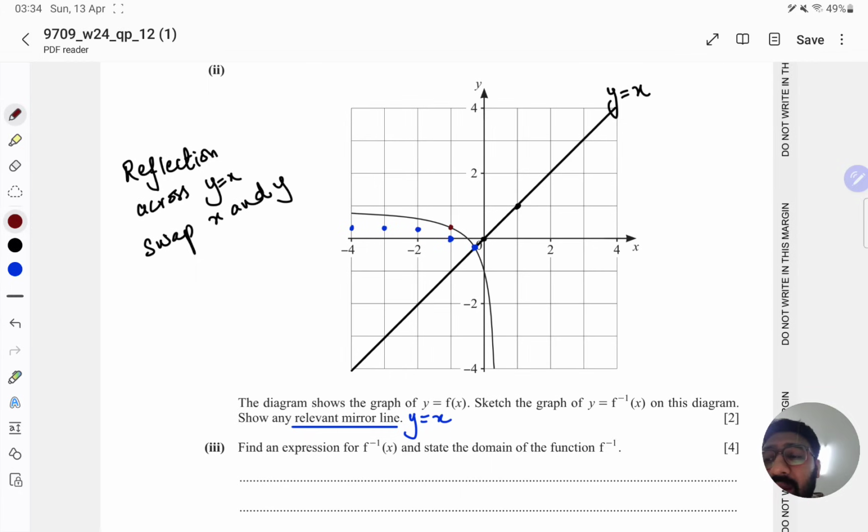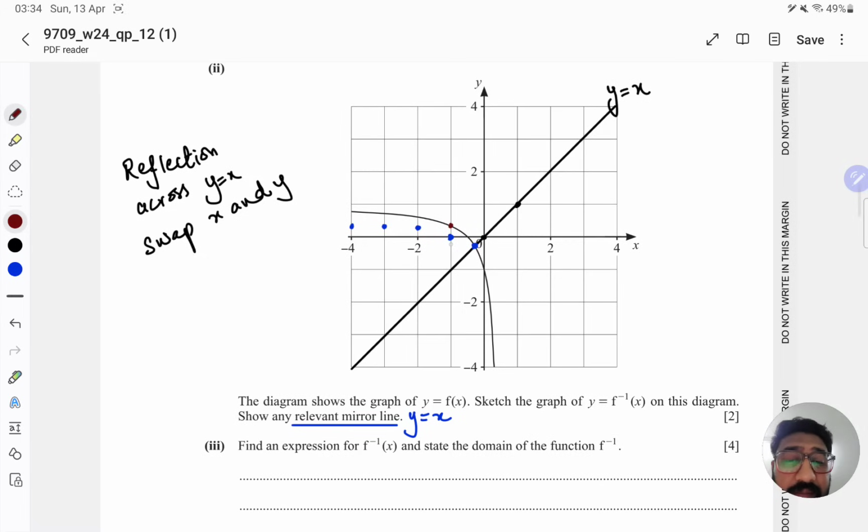So -1 will become +1, and -1 on the x-axis will become -1 on the y-axis, a little above on the right side over here. Similarly, this -2 will become this -2, a little on the right-hand side of this point. Similarly, for -3 and for -4, I will drag it down over here.